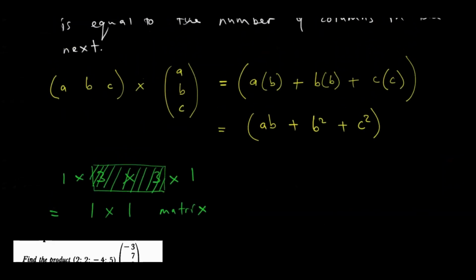But as you should have noticed, kana tichinyora a row matrix, tinoisa makoma. You should have noticed this. Kureva kuti, patanyora this row matrix, tinofanira kuisa makoma, like this. As kana iri a column matrix, we don't have to do that.